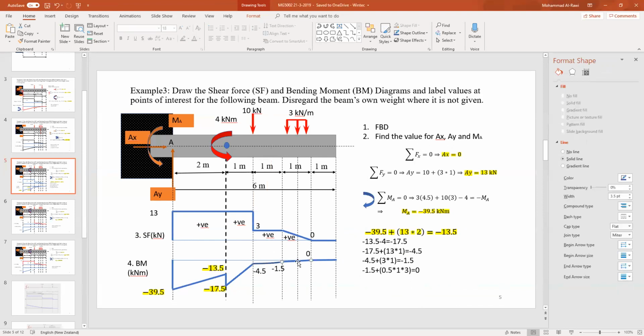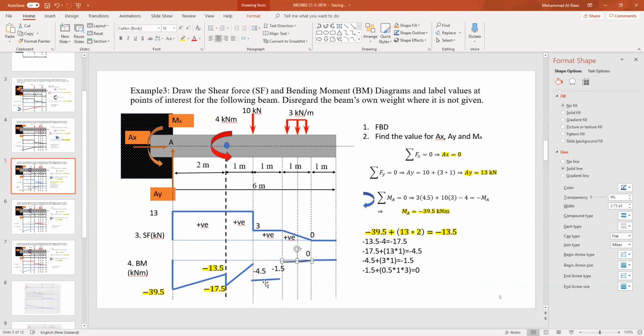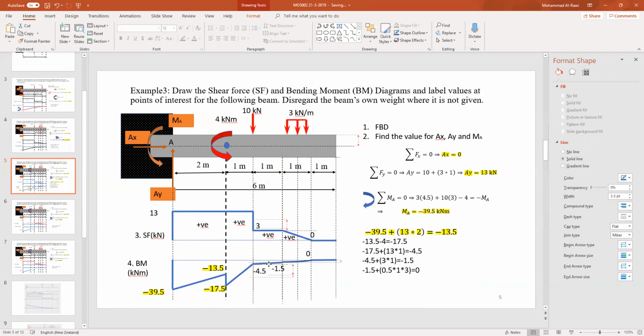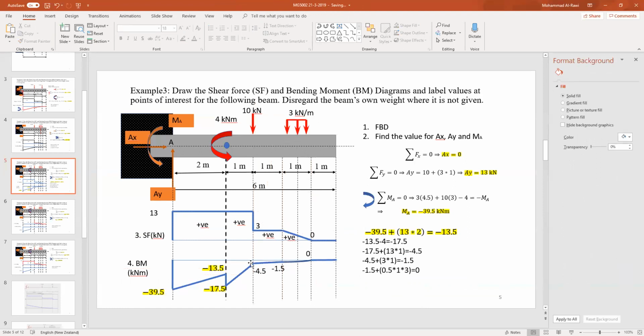The curvy part should be here. So we should change that line with that line, and that one will come here. So that would be a slope going there, and that will give you minus 1.5, and that's where the curve is because of the slope of the shear force. That will be a quadratic function going to 0, and this will end up going to 0.